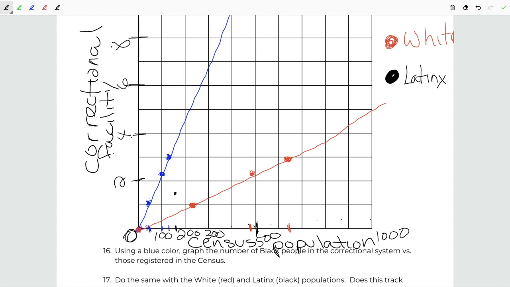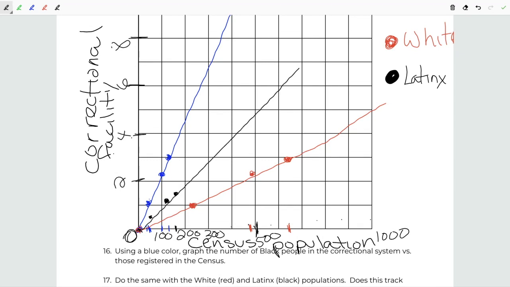So we get something right about there. And then for 120 Latinx people, 1.1 of them are in the correctional system. So that's about here. And for 56 of them, about half of them are in the correctional system. So that's about here. And we, again, have that 0, 0 point. It approximates a straight line. And I'm going to draw my line.